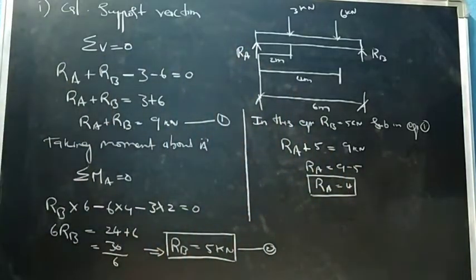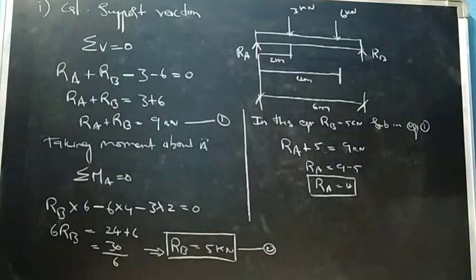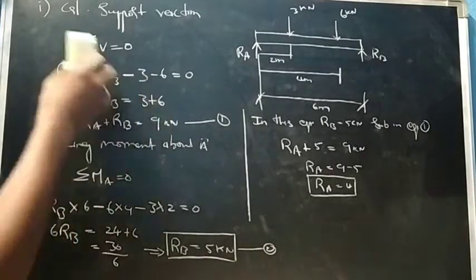Got it? So for the next, the second step, we'll find out the shear force, denoted by capital F. So we know that shear force at A will be the actual reaction, that is FA equals 4 kilonewton, right?